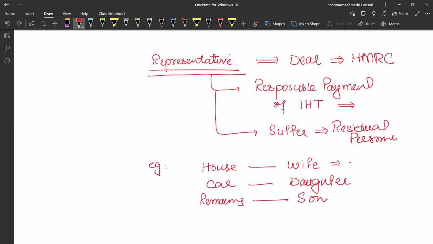So this is an exempt transfer, this is a specific legacy, and this is the residual legacy. That means the responsibility of payment of IHT falls onto the residual legatee. He or she would be responsible for payment. So from whatever his share in this death estate, we have to deduct IHT and the remaining would be transferred to the residual legatee.